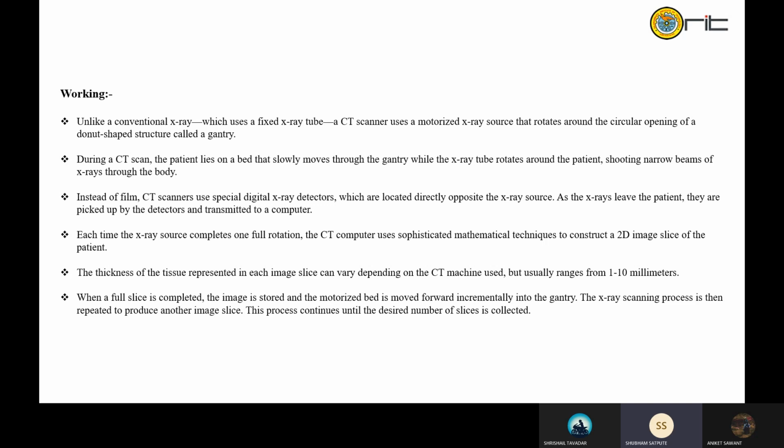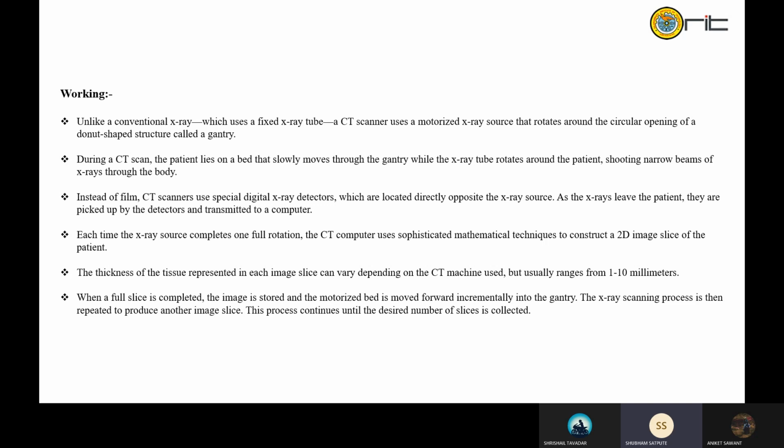The thickness of the tissue represented in each image slice can vary depending on the CT machine used, but usually ranges from 1 to 10 millimeters. When a full slice is completed, the image is stored and the motorized bed is moved forward incrementally into the gantry. The X-ray scanning process is then repeated to produce another image slice. This process continues until the desired number of slices is collected.